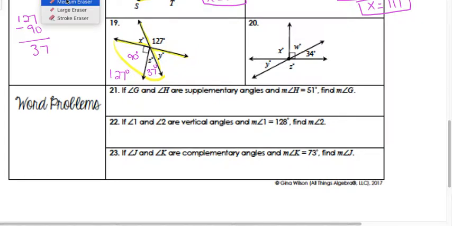Okay, let's look at something that I can work with. I'm going to draw a straight line here because I know that that is equal to 180 degrees. So I know that from here all the way to here is going to give me 180.